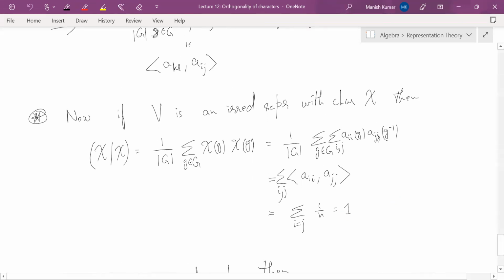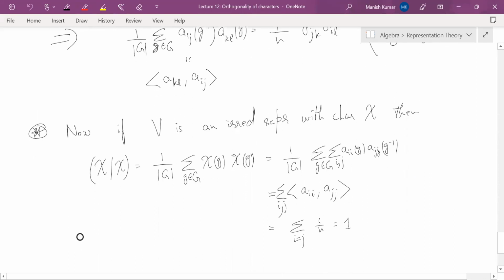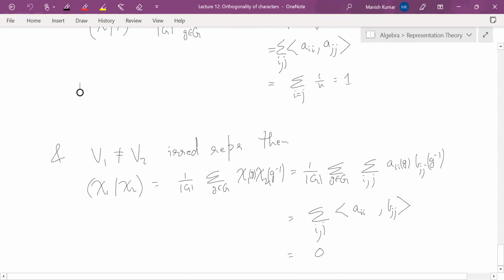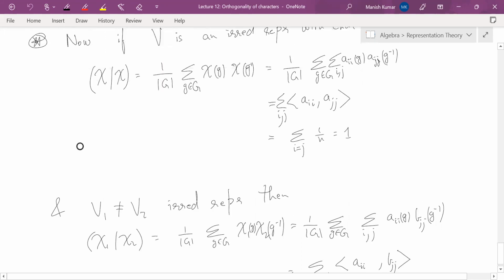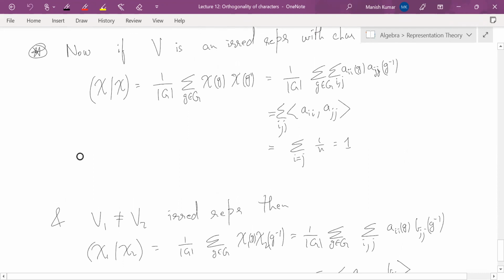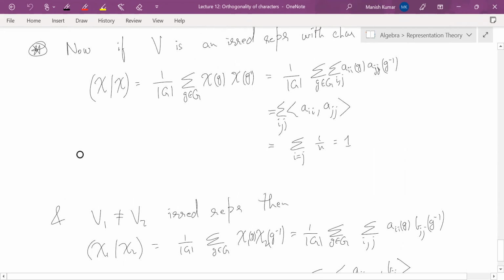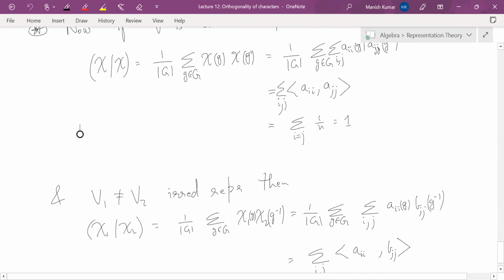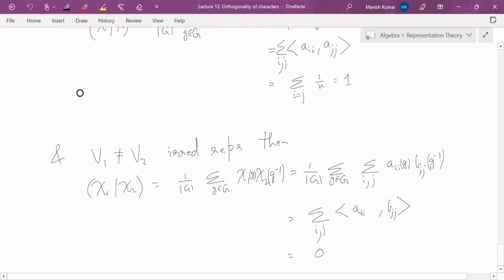And then for part 2, instead of this identity, you'll use the previous identity. So if V1 is different from V2, both irreducible representations, then if you do this pairing, you use the same formula, but now chi of g inverse is replaced by chi1(g), chi2(g inverse). And then you get this bii(g), aii(g), bjj(g inverse), and again sum over g.